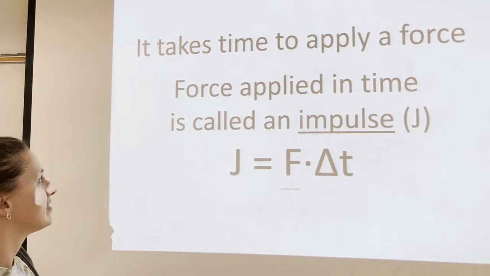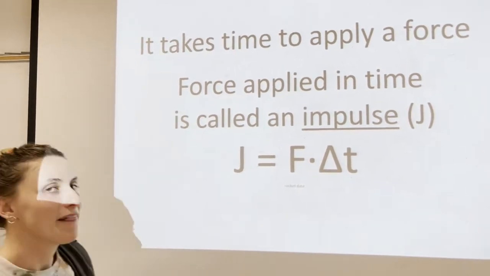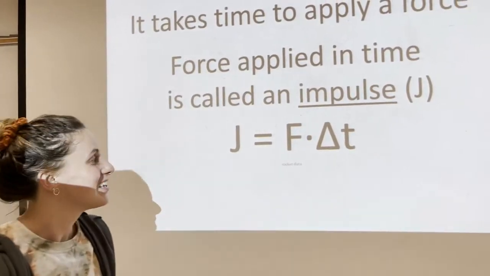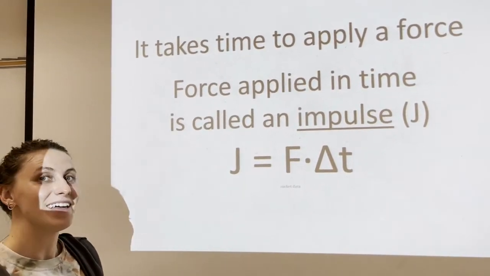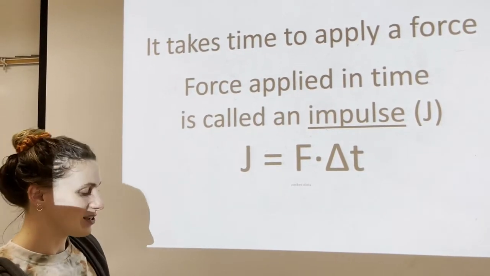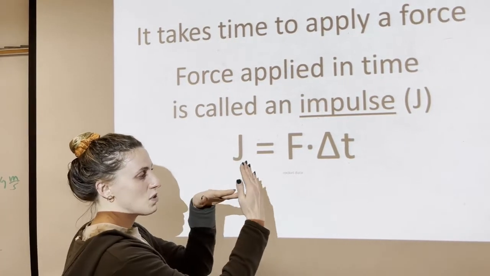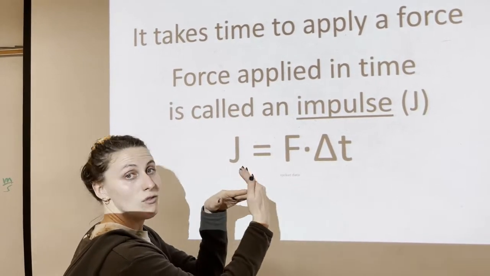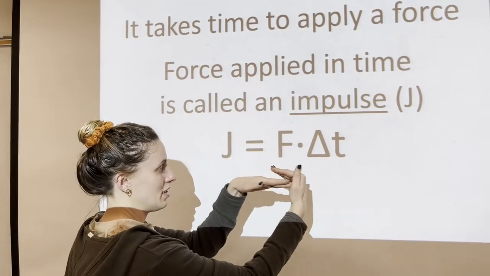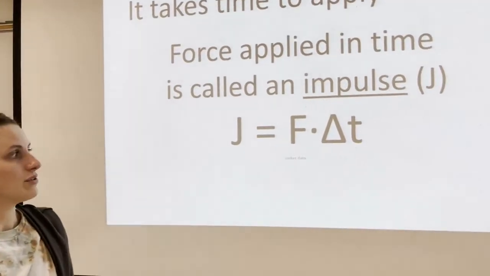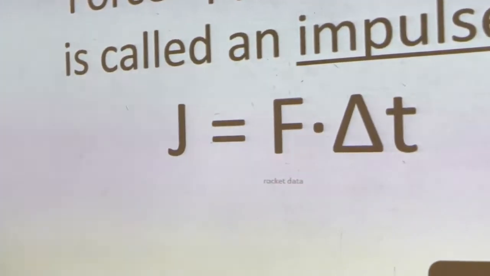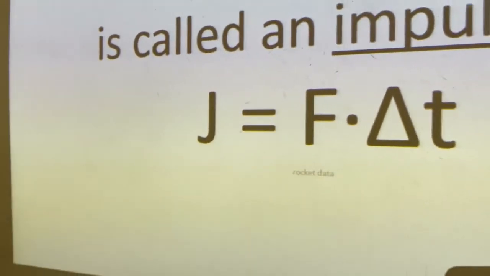Force applied over time is called an impulse. You just saw an impulse because the foot was applying a force. At that very moment it was a sliver in time, but over that whole time as the foot hit, it was applying an impulse. That force is applied over a time interval.